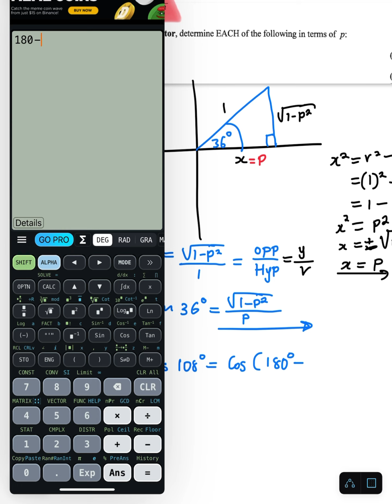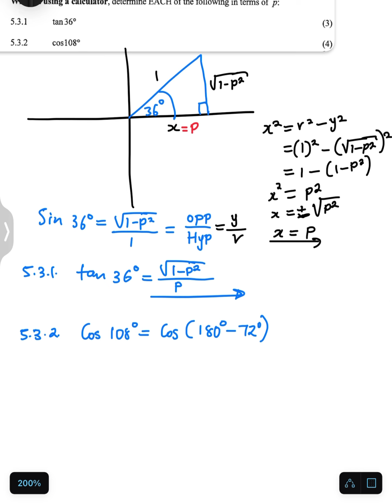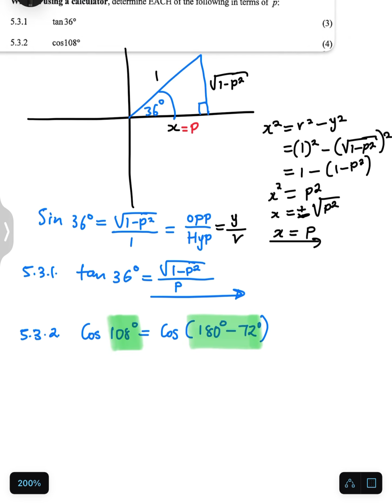So let's see, 108. If you subtract 72 degrees from 180, that is when you get 108. So 108 is the same as what is inside the bracket, because 180 minus 72 will give you 108.